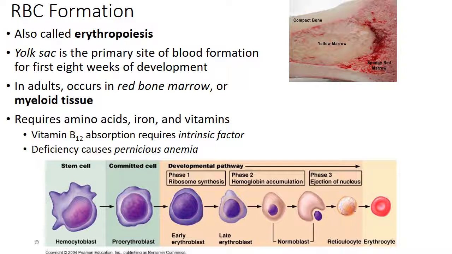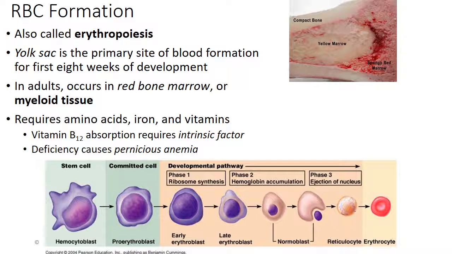As you can see up here, this is a cross-section of one of those bones. There's two kinds of marrow in there, yellow marrow and spongy red marrow. Now, hematopoiesis occurs in the spongy red marrow, not the yellow marrow. The yellow marrow is primarily adipose tissue, very, very dense, very rich fats. So this red bone marrow is also referred to as the myeloid tissue.